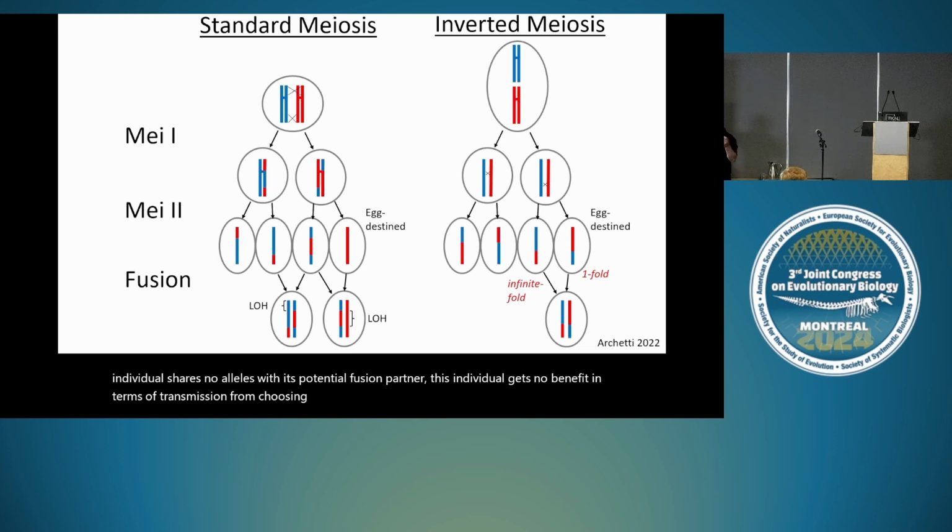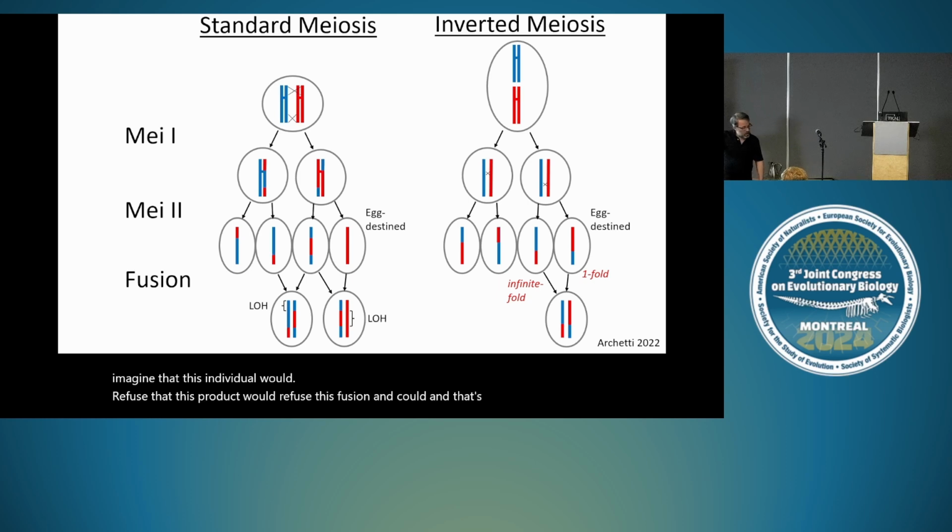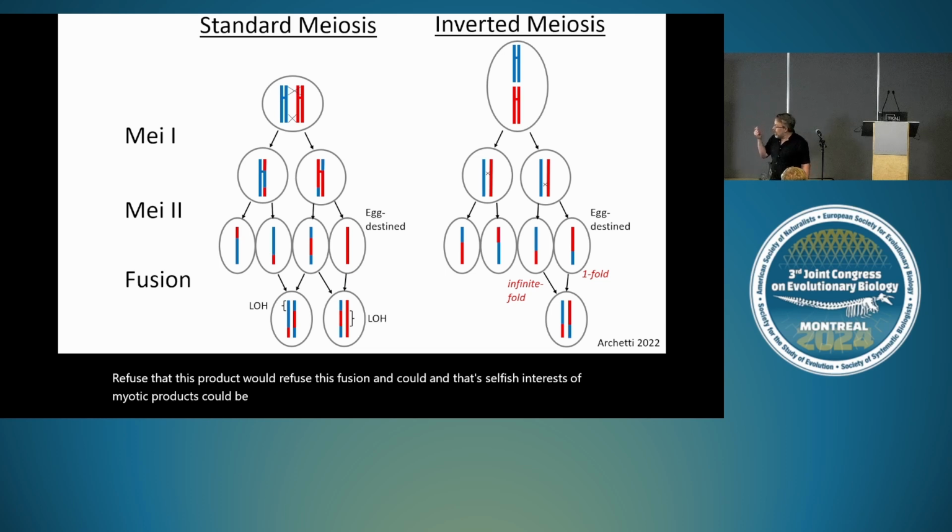So if there's any cost to sex, and any possibility of this individual refusing the fusion, if it has its own volition, then we can imagine that this product would refuse this fusion, and thus selfish interests of meiotic products could be part of the maintenance of sex in these systems.